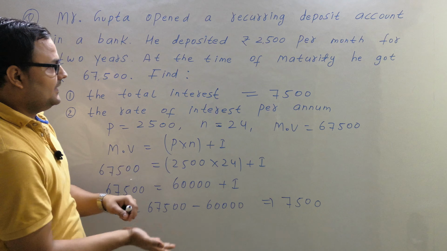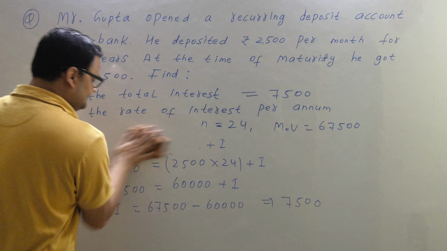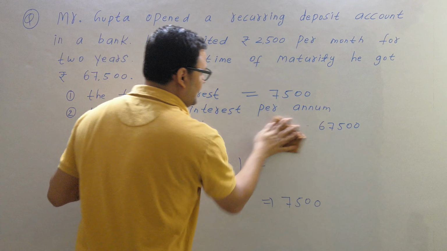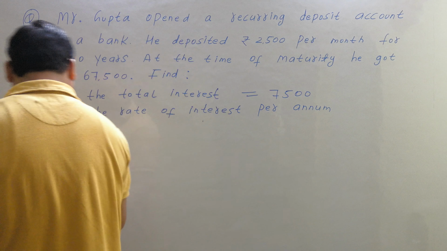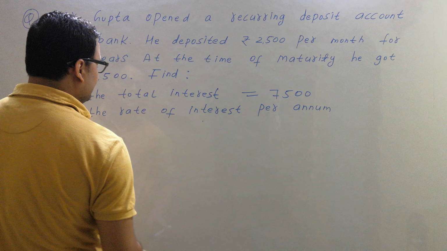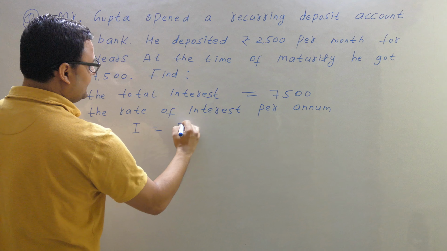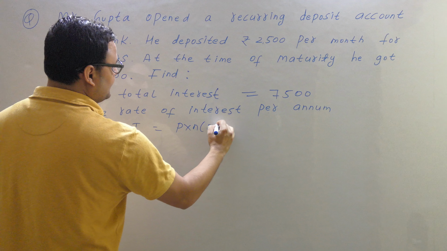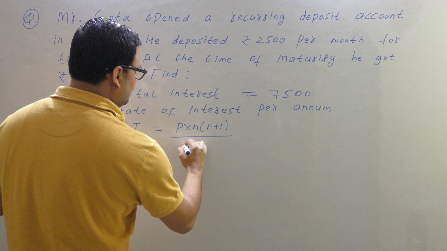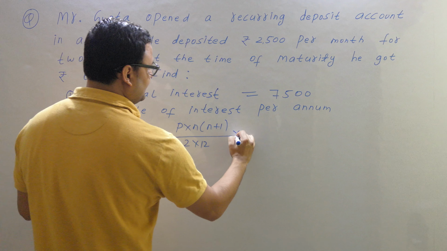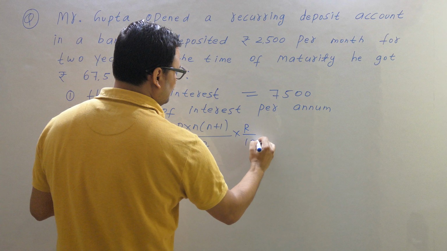Now I need the rate of interest per annum, that also we can do. So again I am going to just erase it, and I can do the second part. Now we know the formula: I equals P into N into N plus 1, by 2 into 12, into rate by 100.